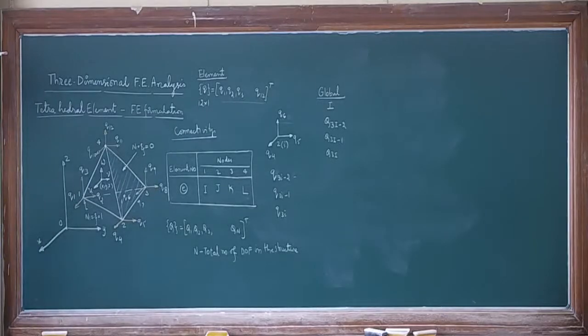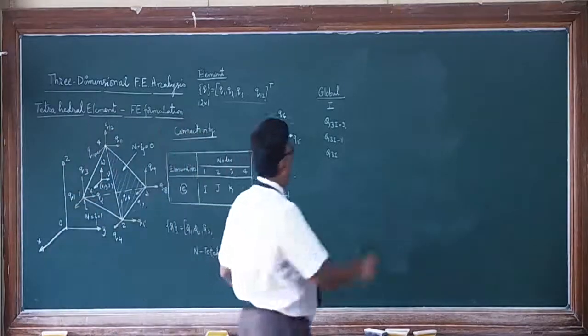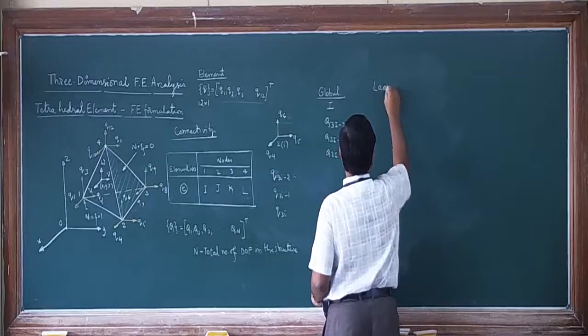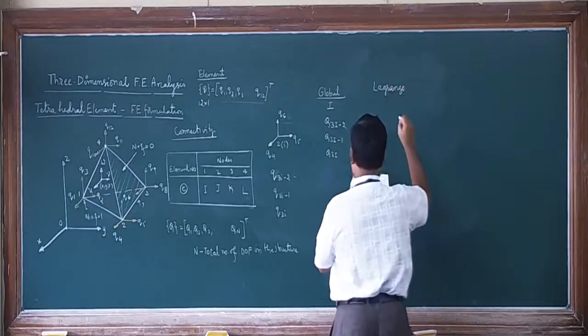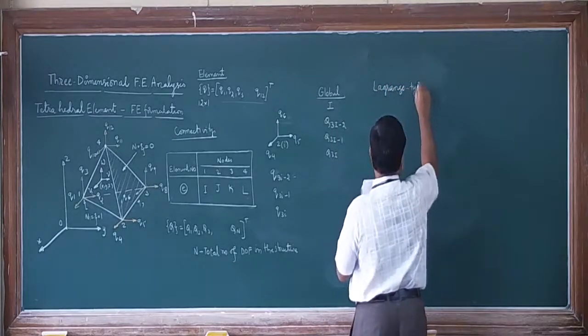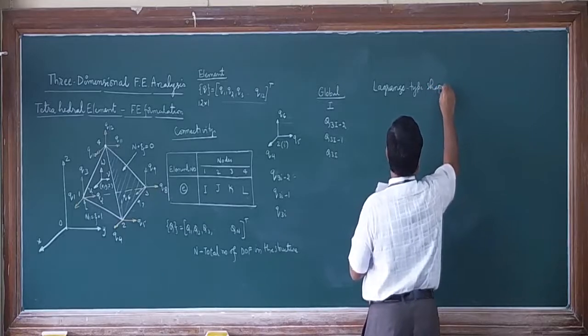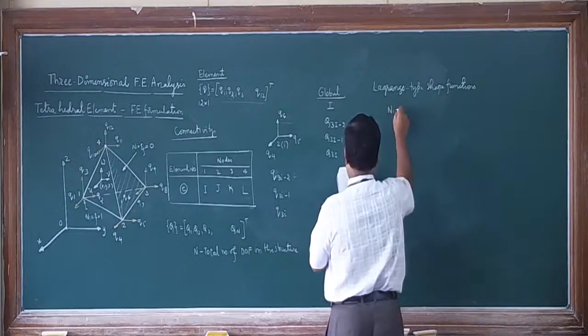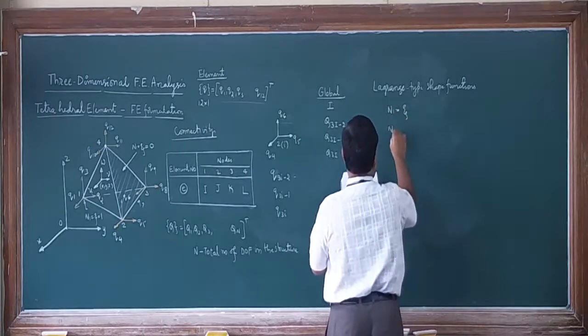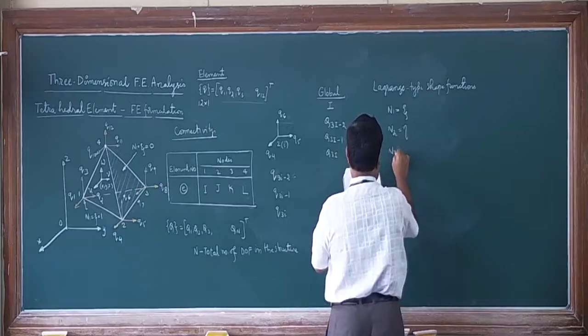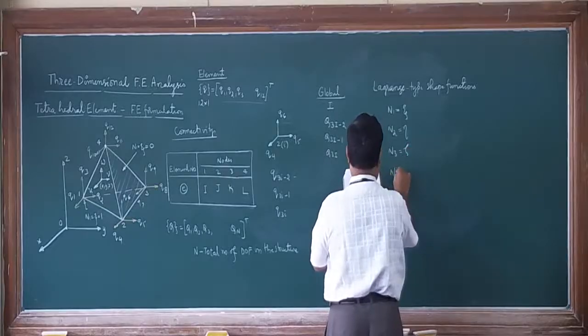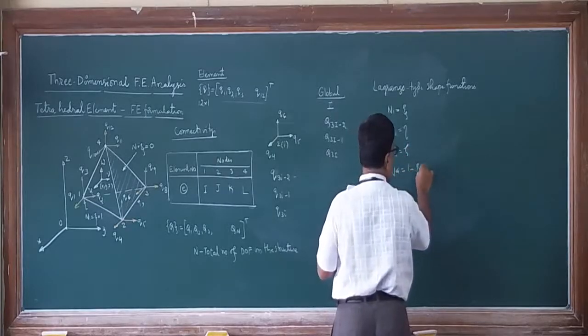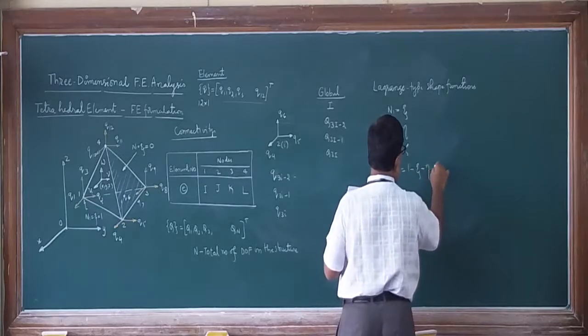Here we define 4 Lagrange type shape functions. What we have studied in the earlier class also, this is called Lagrange type shape functions, where n1 is given by zeta, n2 is given by theta, n3 is this one, and n4 is 1 minus the others; it is not independent, it is dependent on these 3 coordinates.